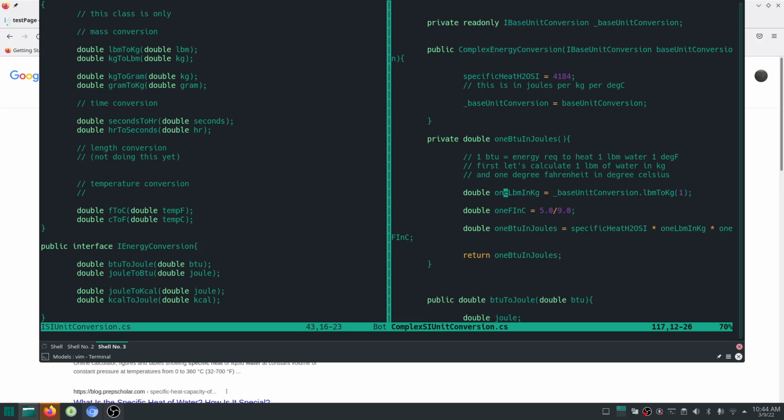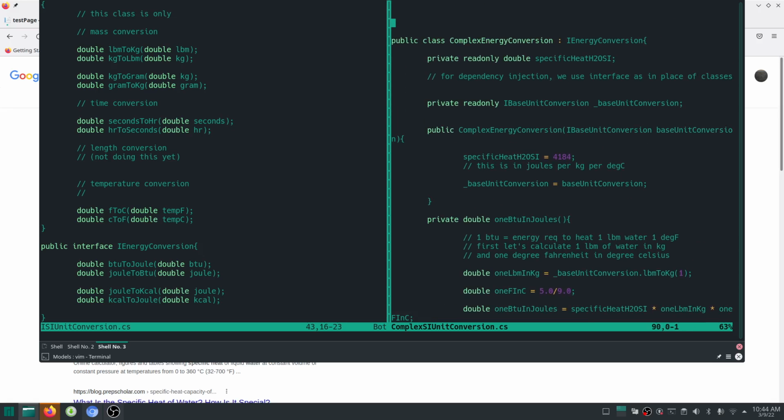So 1 pound mass in kg: I will need to have this dependency injected, base unit conversion, pound mass to kg. You can see I have a dependency injection mechanism here. The base unit conversion interface will have the implementation base unit conversion. This is where I inject my dependency objects.